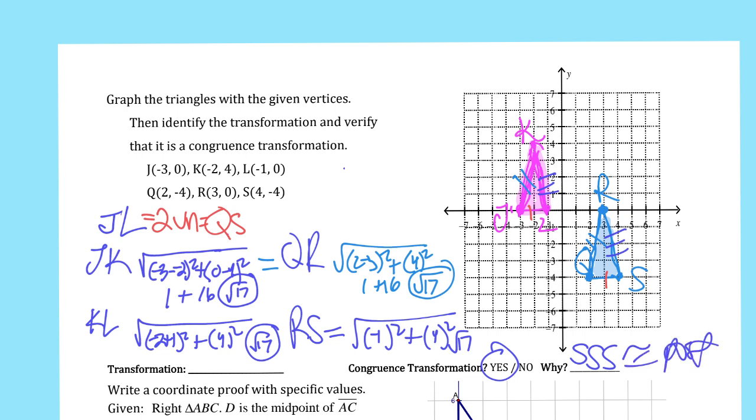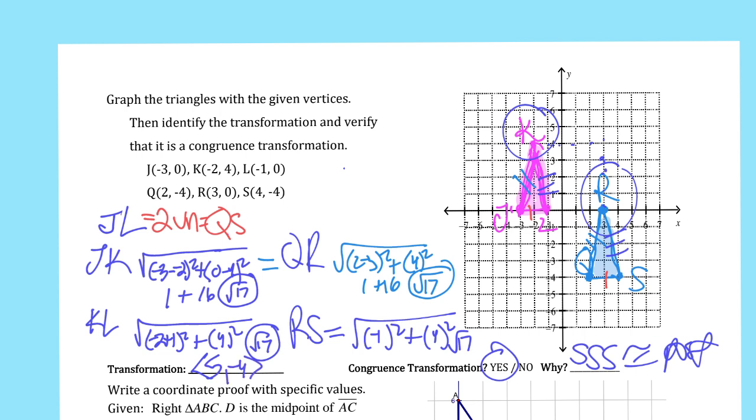The next thing is the transformation is a translation. Let's check this out. I'm going to take K to R. It looks like you go right 1, 2, 3, 4, 5, and down 1, 2, 3, 4. So it'd be right 5 and down 4 if you go from left to right.